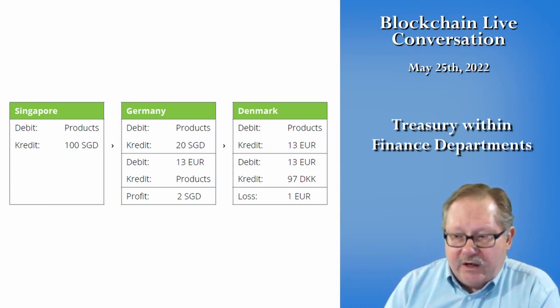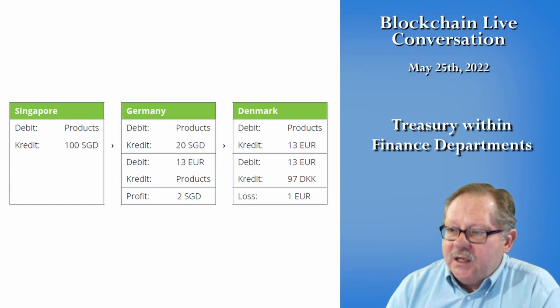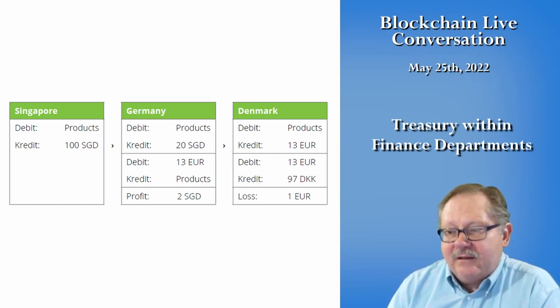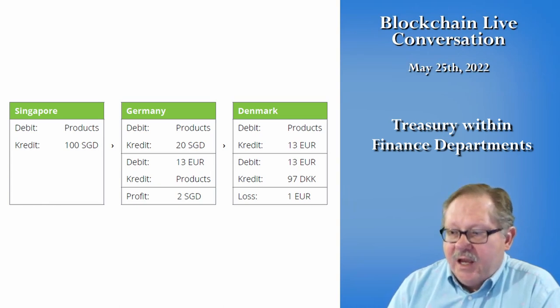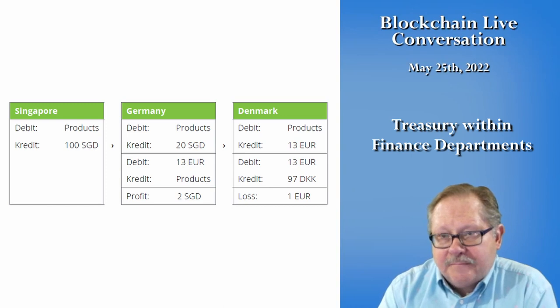And we get a credit for the products, and we are losing 2 SGD in the translation there. The next thing is that Denmark receives it, and they receive it for the 13 euros here. And the 13 euros translate into DKK, okay, 97 of them, and they lose 1 euro in the process, okay?